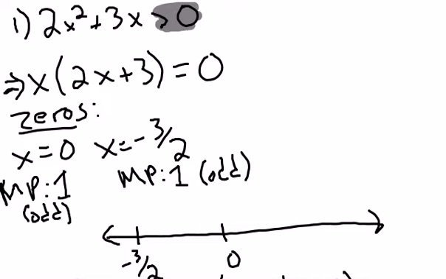So if I go ahead and pick a test point over here, and I pick, for example, negative 2, because negative 2 is less than negative 3 halves. So if I pick negative 2, I will have a negative number for x, and then 2 times negative 2 is negative 4, and negative 4 plus 3 is also a negative number.